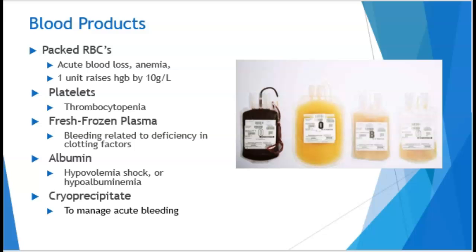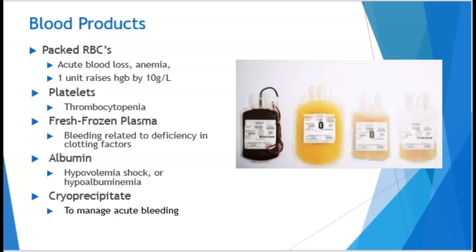In the case of someone who is bleeding, say related to an overdose of an anticoagulant or those types of things, they would use a fresh frozen plasma instead of platelets, because the fresh frozen plasma has other clotting factors to help control someone's bleeding. They would also use fresh frozen plasma in the case of hemophiliacs, if they were to come in with a bleed and their specific factor was not available. We'll talk more about hemophilia in term 6 and each of the factors that can be replaced.